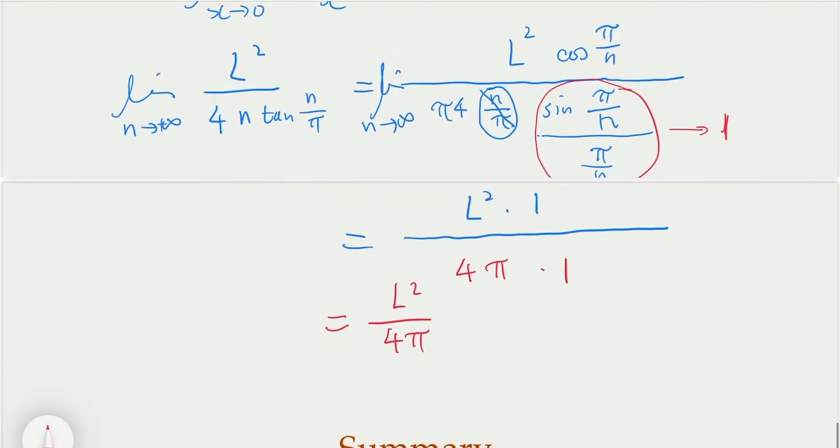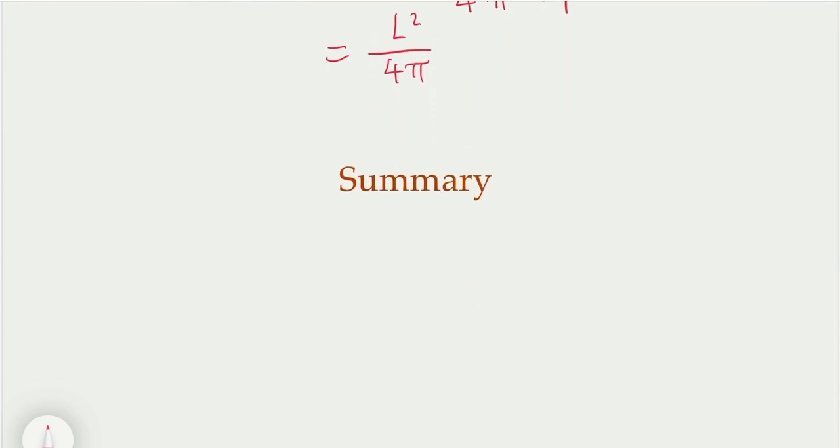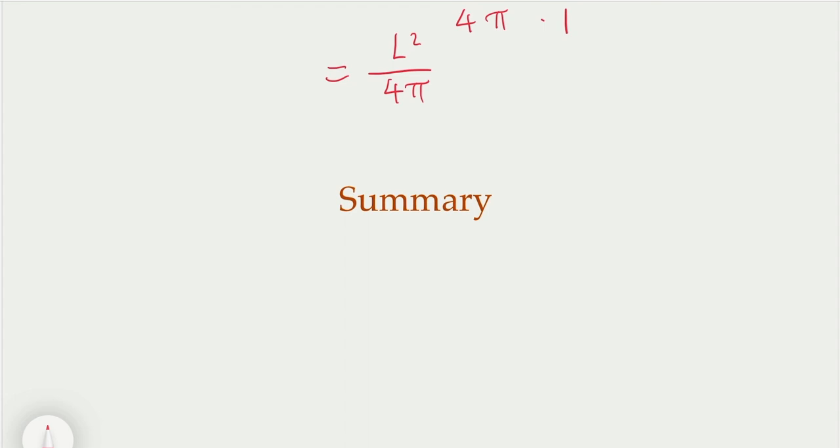All right? So in summary, if we want to achieve the maximum area, you want the shape to be a circle. And the maximum area would equal L squared over 4 pi.